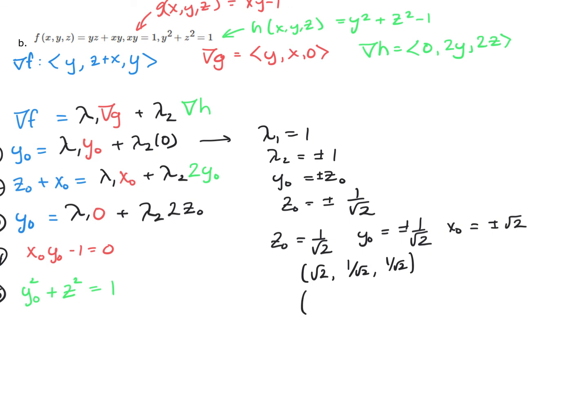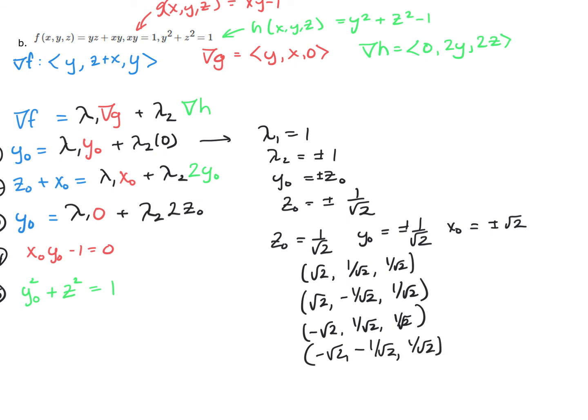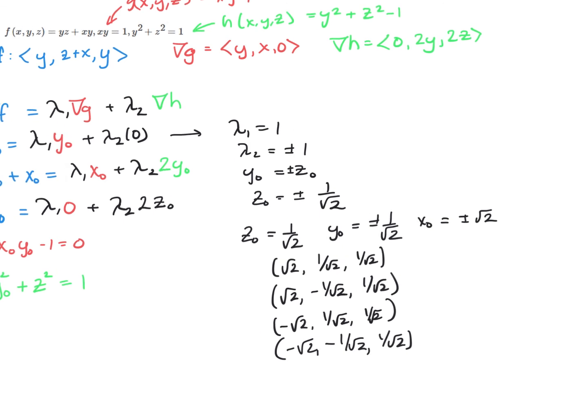I could have square root of 2, minus 1 over the square root of 2, and 1 over the square root of 2 as a possible choice. And I could then have the negatives. Negative square root of 2, 1 over the square root of 2, 1 over the square root of 2. And then I have the negative square root of 2, negative 1 over the square root of 2, and 1 over the square root of 2. So those are my ordered triplets for just z naught equaling 1 over the square root of 2.